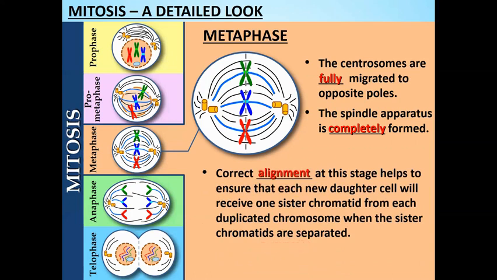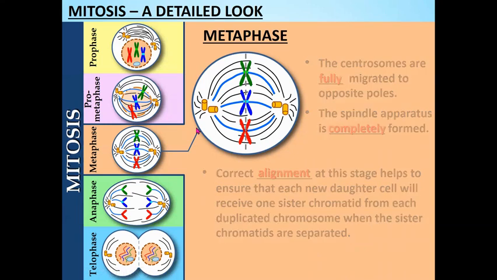The correct alignment at this stage helps to ensure that each new daughter cell will receive one sister chromatid from each duplicated chromosome when the sister chromatids are separated. So it will guarantee that they get one red, one blue, one green, and the same on this side. They both have a set on each side.